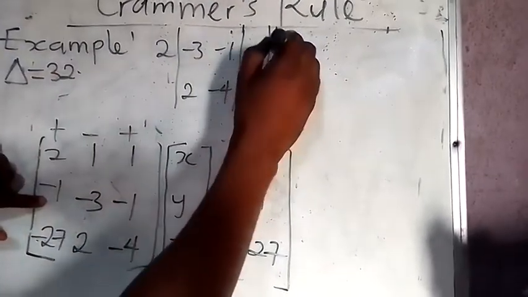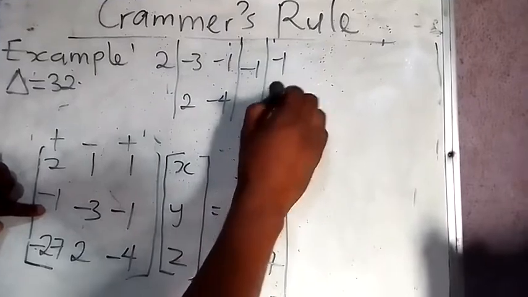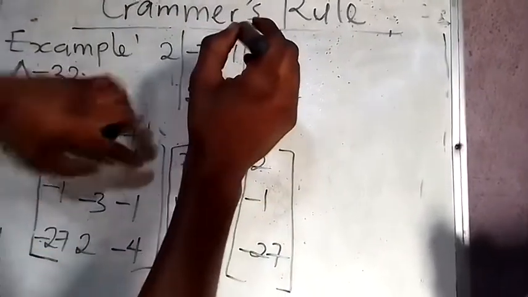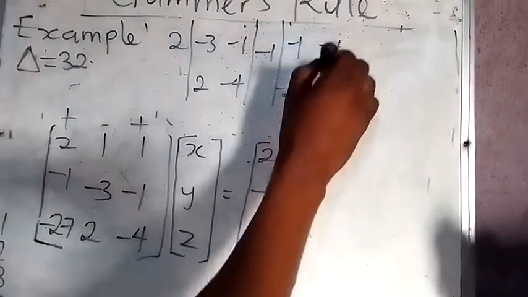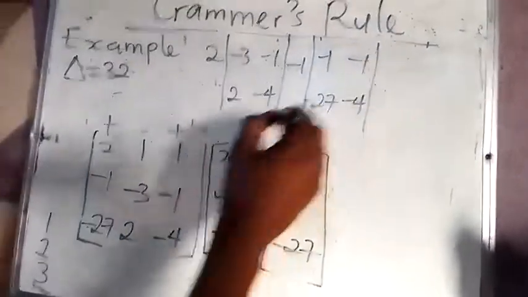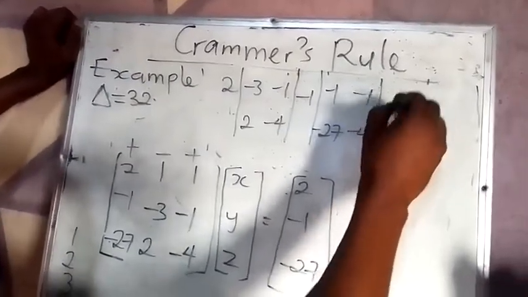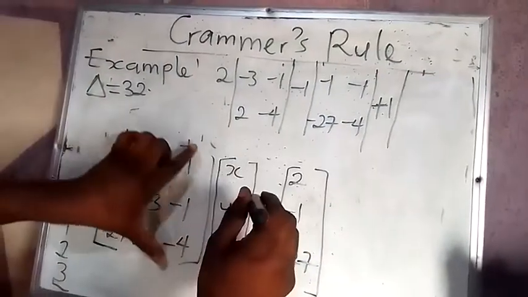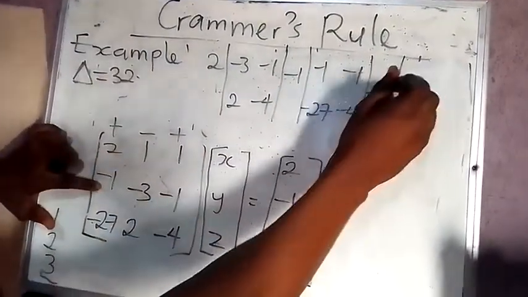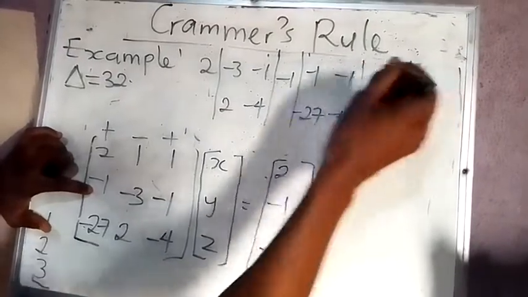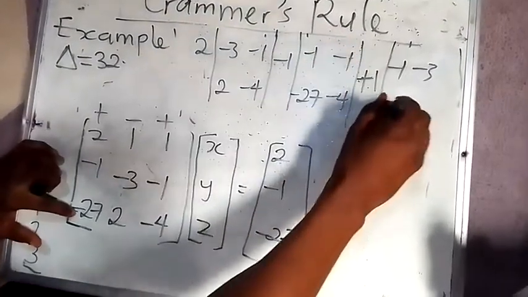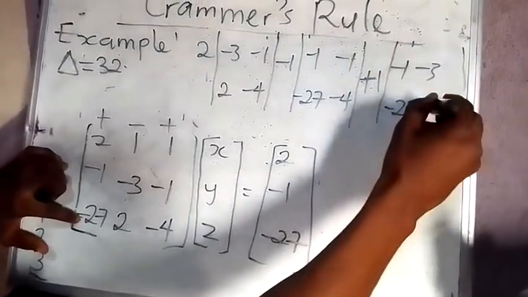You have minus 1, minus 27, minus 1, minus 4. You pick the last one, plus 1, cross the vertical and the horizontal. You have minus 1, minus 3, minus 27, 2.